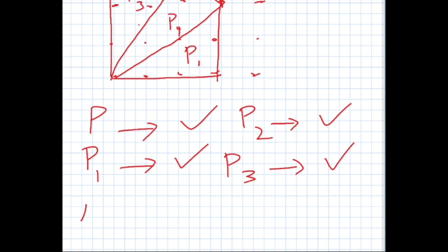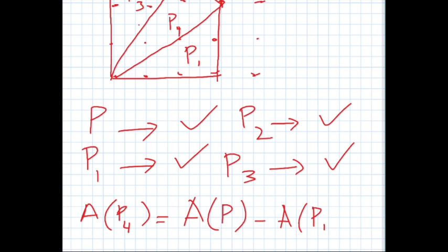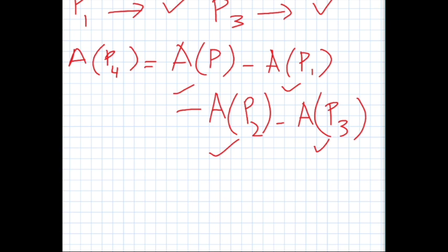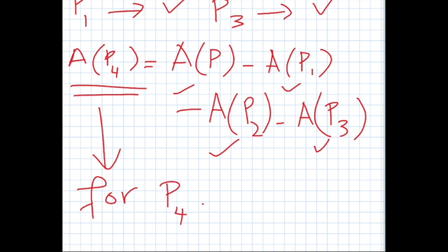Now you can appreciate that area of P4 is equal to area of P minus area of P1 minus area of P2 minus area of P3. So for all of these Pick's theorem holds, and from that lemma we can appreciate that for P4, Pick's theorem holds.